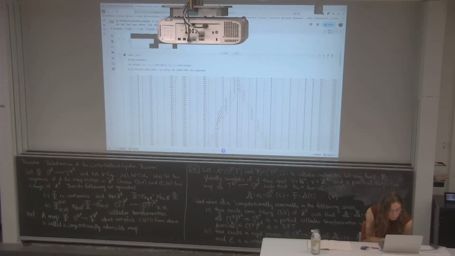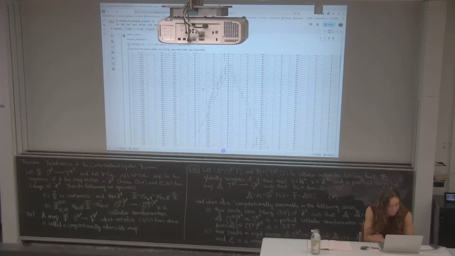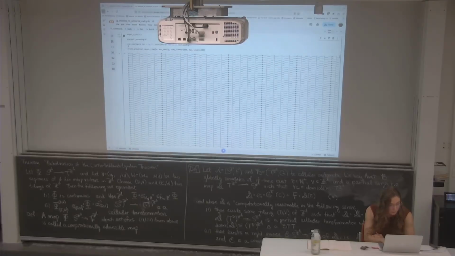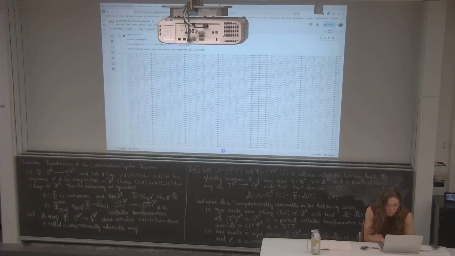Oh no, we don't see this from the beginning. We have to start with a fewer number of iterations. Great, this is better. So here is the start of a supercell. Where does it end? Here.